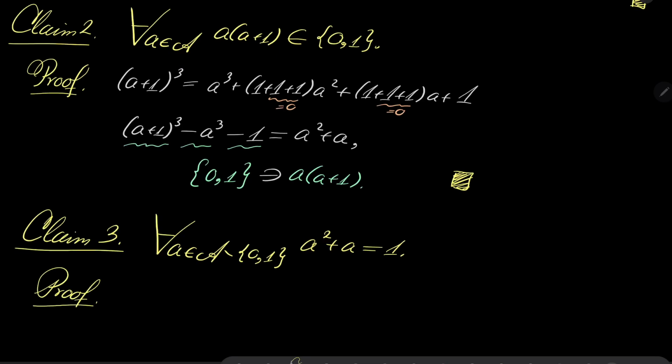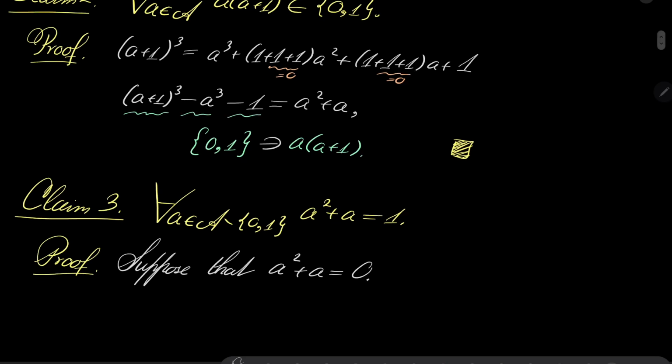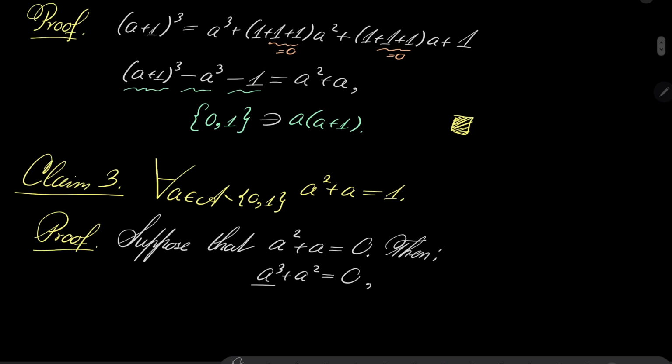Suppose that a squared plus a is 0, because by claim number 2 it's either 0 or 1. Suppose that it is 0. Then, what do we have? Then a cubed plus a squared is also 0, but a cubed is either 0 or 1.